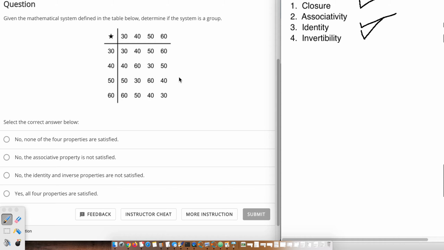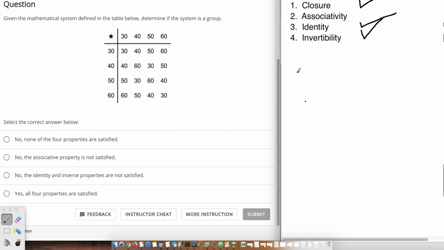I'm not sure if what I'm about to say is 100% true, so take this with a grain of salt, but I look for symmetry. If you imagine a diagonal line cutting through these numbers, then the diagonal line has symmetry. And usually if it has symmetry, it seems to be invertible. But anyway, not invertible, associative.